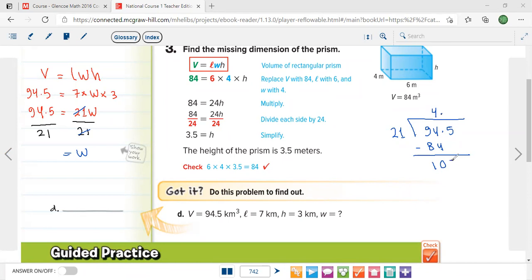Drop the 5 down. 105 divided by 21 is 5, because 5 times 21 is 105. So it is 4.5. So the final answer, W equals 4.5 what? 4.5 kilometers. Of course, here we don't write kilometer squared or kilometer cubed, because this is a length, and length is in units, in kilometers.